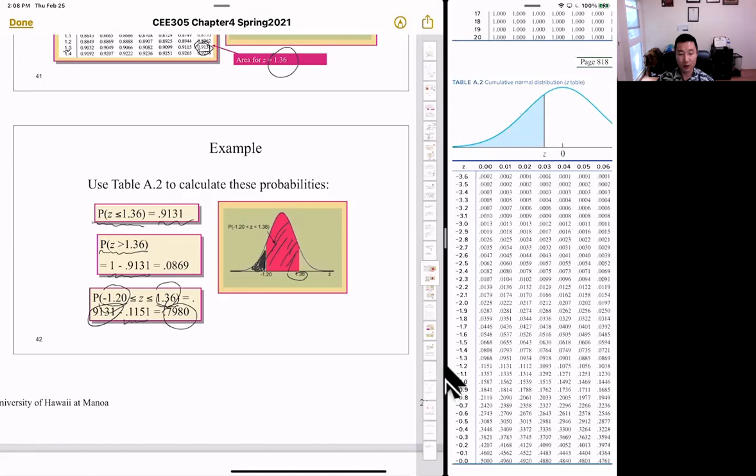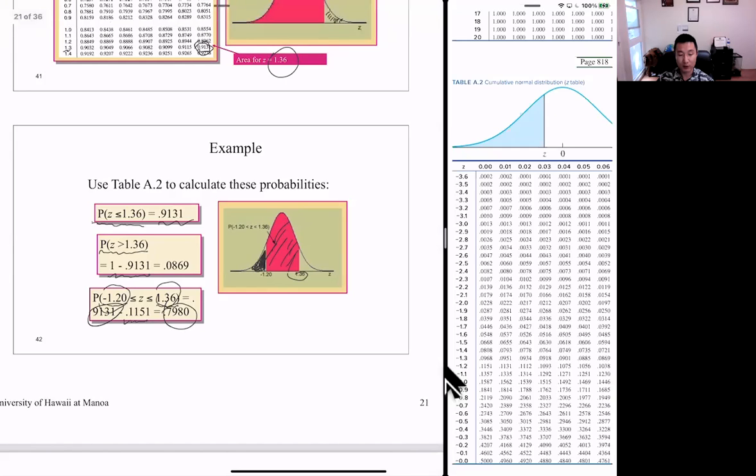The first value, 0.9131, is for a z-value of 1.36, minus the probability from the z-table corresponding to a z-value of minus 1.2, which is 0.1151. So 0.798 is the probability between a z-value of minus 1.2 and positive 1.36.